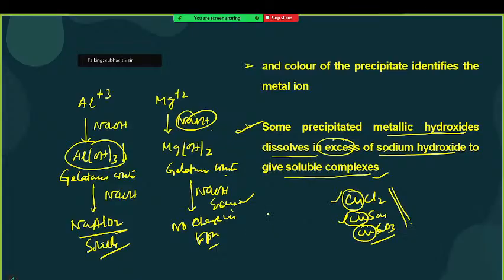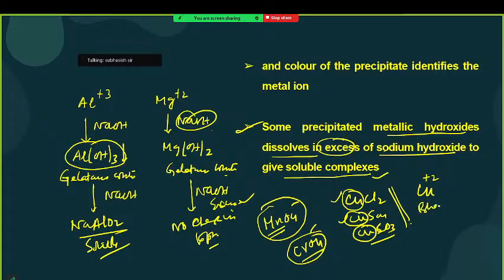Like permanganate, MnO4, contains a metal, that's why it imparts some color. Like chromate, CrO4, it is a negative radical, but it gives some color because of the presence of chromium. So copper is generally blue in color, and chromate is generally yellow in color, but copper chromate is generally brown in color.